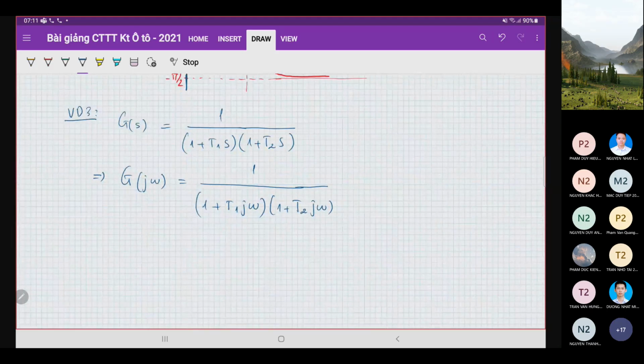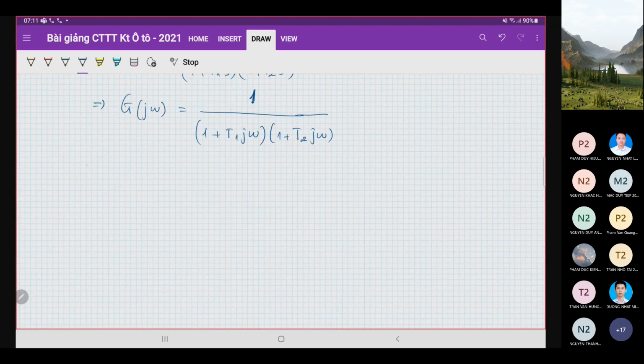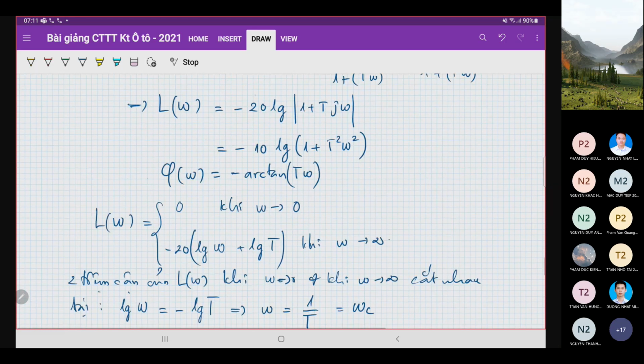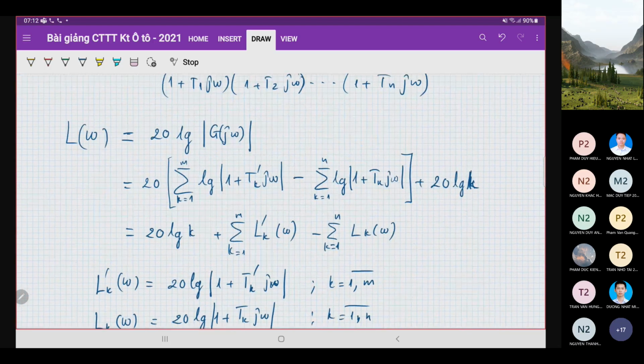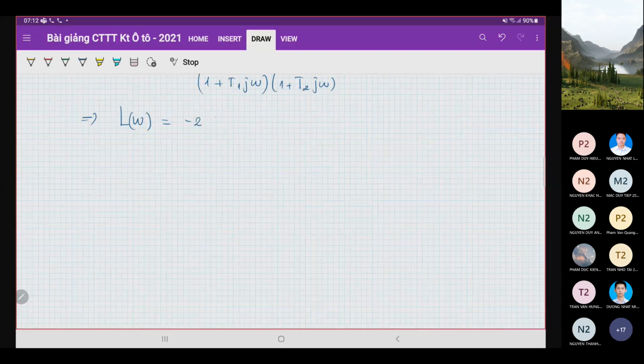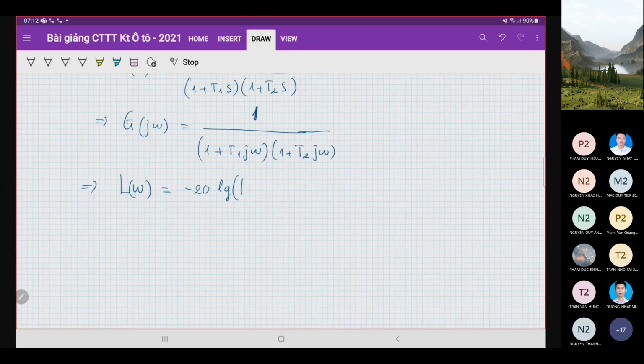Because the amplitude here is equal to 1, the logarithm of 1 is 0, so we have L(ω) equal to minus 20 log of the modulus of (1 plus T1 jω) minus 20 log of the modulus of (1 plus T2 jω), right?